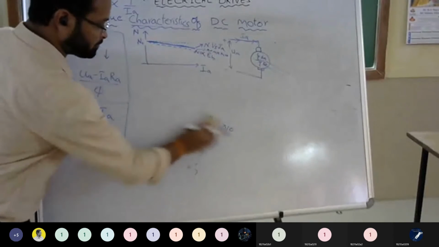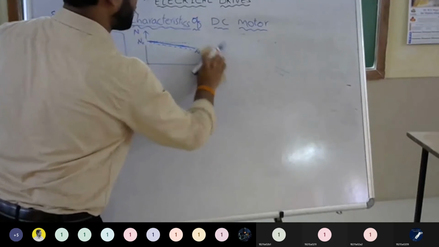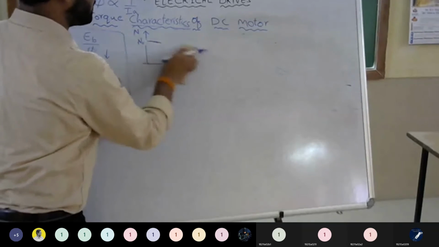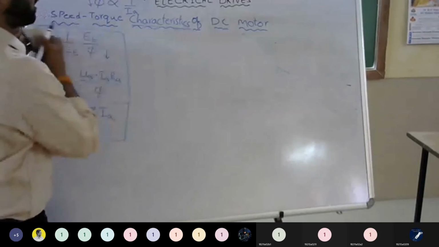Any doubt? I'm removing all the remaining ones and directly keeping the DC shunt one, to avoid confusion.